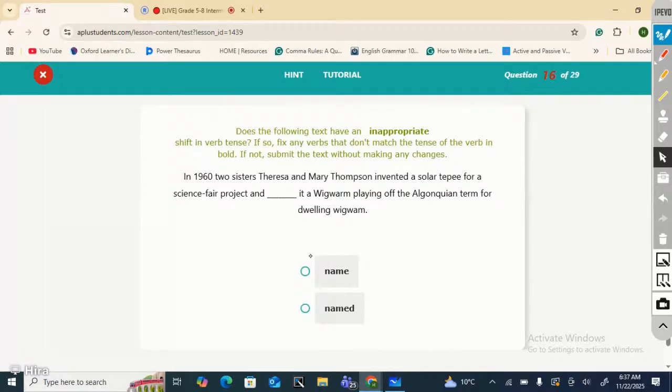In 1960, two sisters, Theresa and Mary Thompson, invented a solar teepee for a science fair project, and blank it a wigwam playing off the Algonquin term for dwelling wigwam. Name or named?